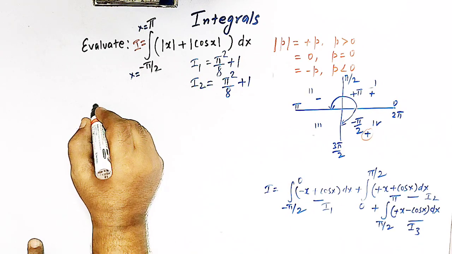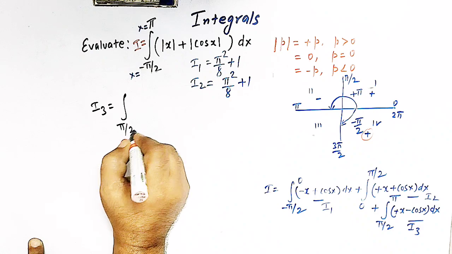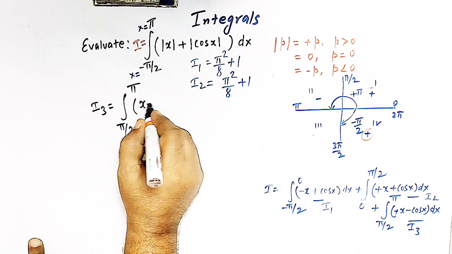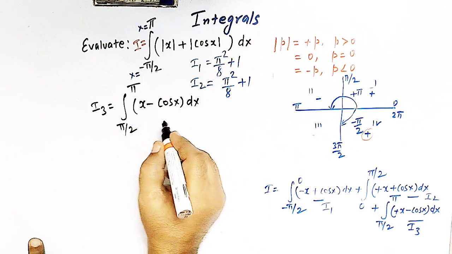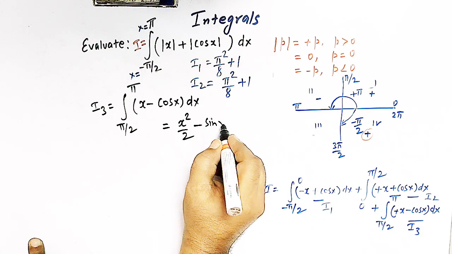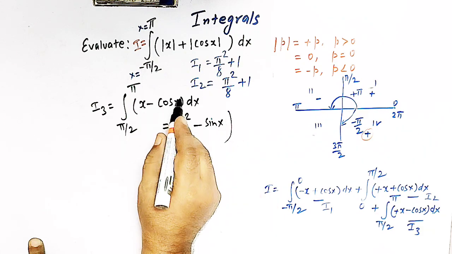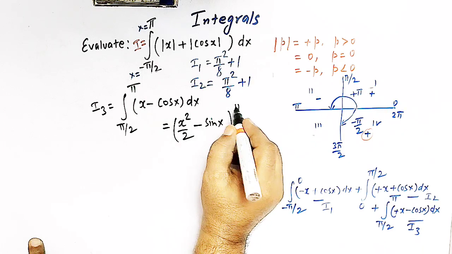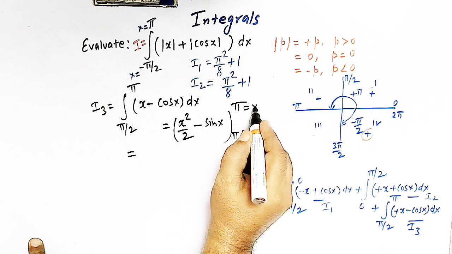Let us find the value of I3. I3 is the integral from pi by 2 to pi, and here we have x minus cos of x dx. So again here we have x square over 2, and here we have sine x. The integral of x is x square over 2. The integral of cosine x is sine x. Limits are from pi by 2 to pi. So first we'll take x is equal to pi.